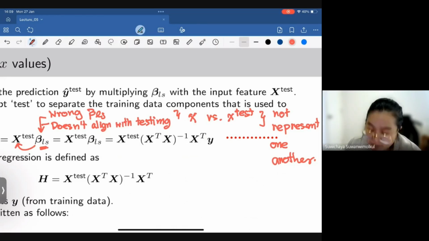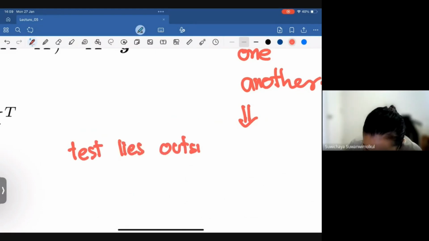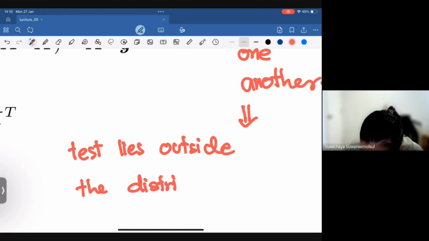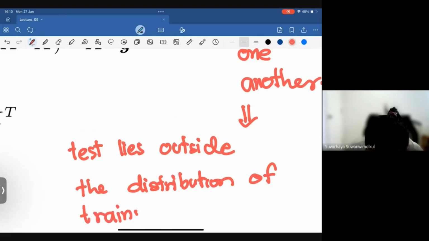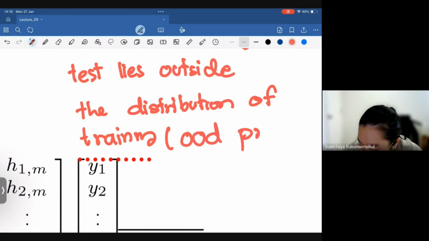Sometimes we call this situation our testing lies outside the distribution of training, or the out of distribution problem, or OOD problem.